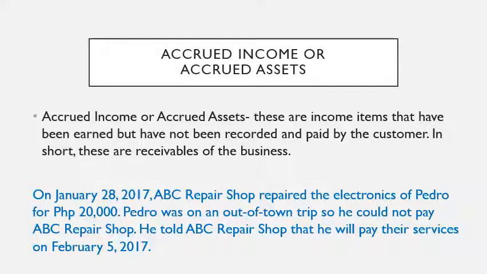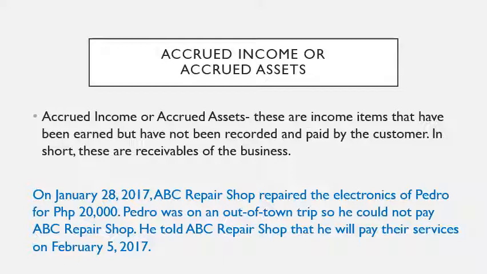So, sample instruction here, we have here on January 28, 2017, ABC Repair Shop prepared the electronics of Pedro for 20,000 pesos. So, Pedro was on out-of-town trip, so he could not pay ABC Repair Shop. So, he told ABC Repair Shop that he will pay their services on February 5.